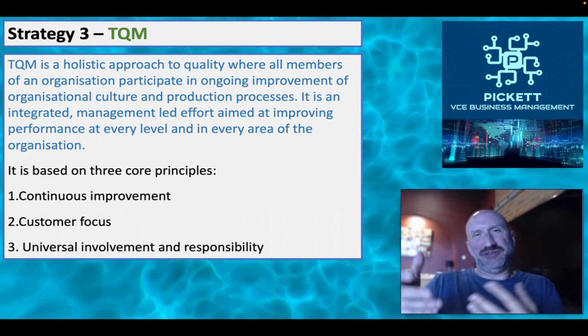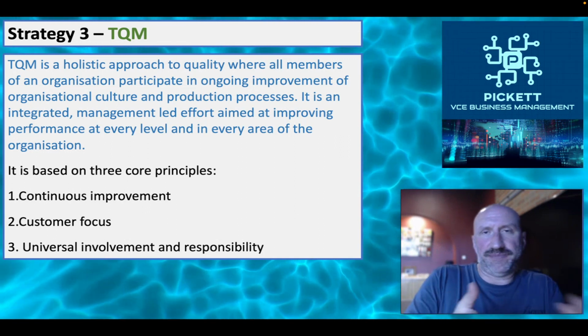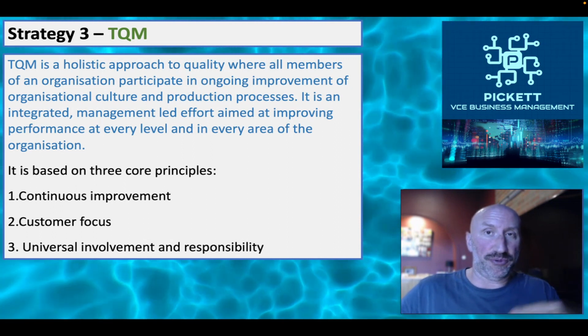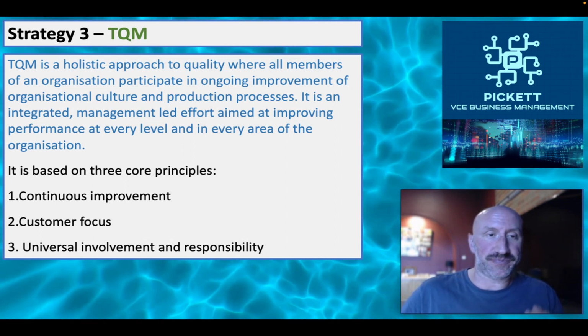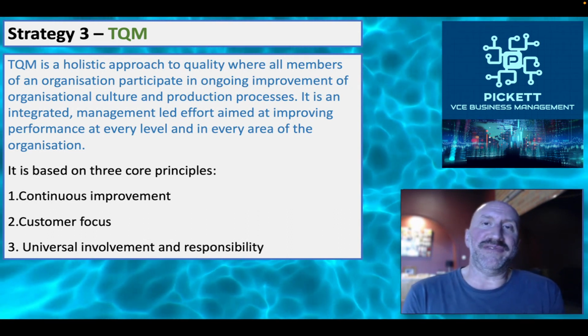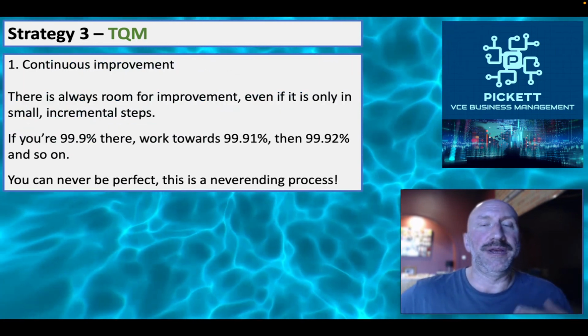And actually, when you see some of the lists which include more than 3, a couple of them fit under one of these umbrellas anyway. So let's just focus on 3 core principles and you would be all good. Continuous improvement, customer focus, and universal involvement and responsibility. So let's take those in turn.